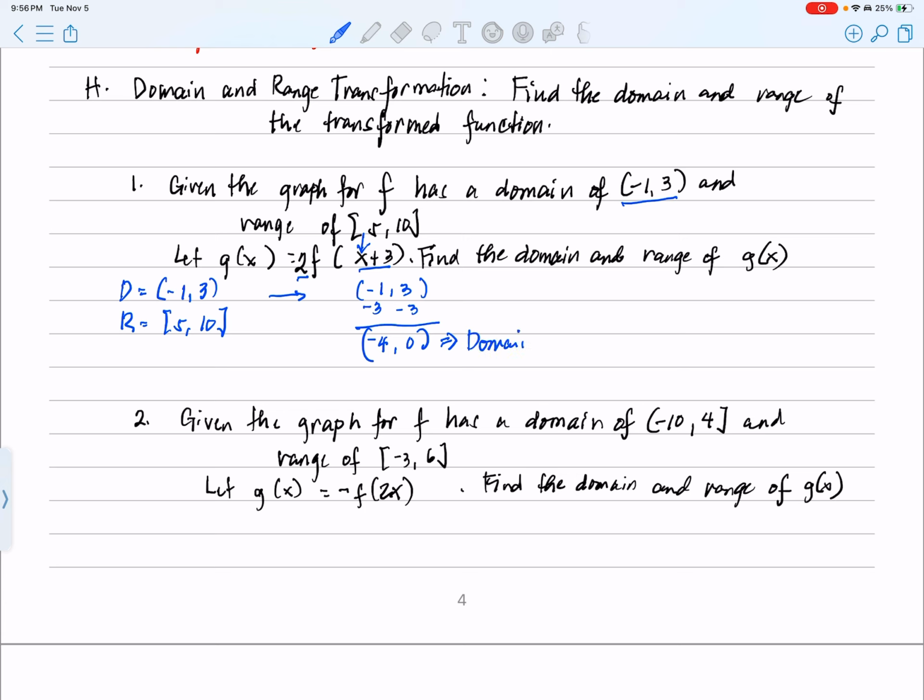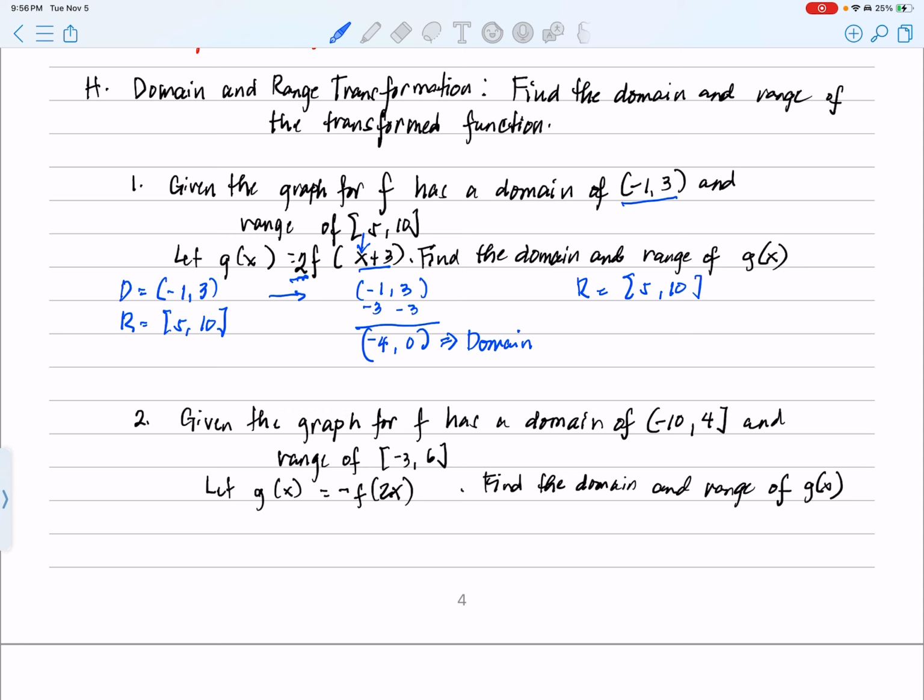Okay, let's go to the range. Our range is inclusive 5 to 10. Where is that movement? Right there, because of these two. That's a vertical stretch, and the scale factor is 2.